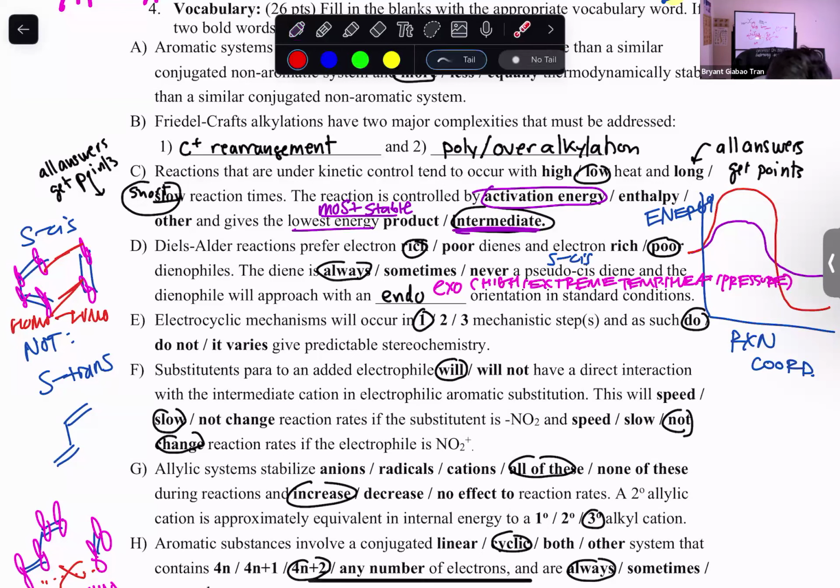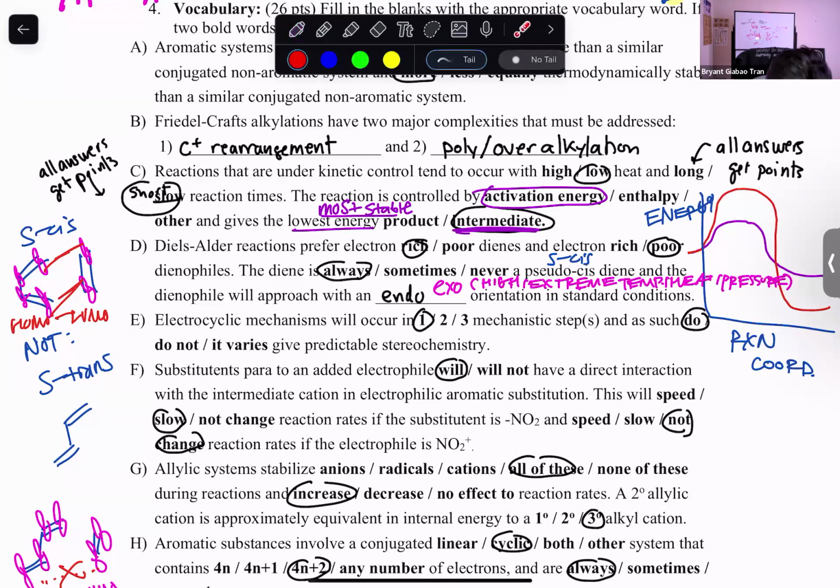The electrophile is not touching the reaction rate at all, because in EAS reactions the benzene is the nucleophile that is attacking the electrophile, making this intermediate here, where we break the aromaticity. And then some kind of base will restore that aromaticity, depending on what the reagents are in the solution.